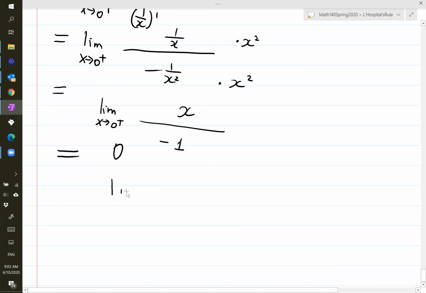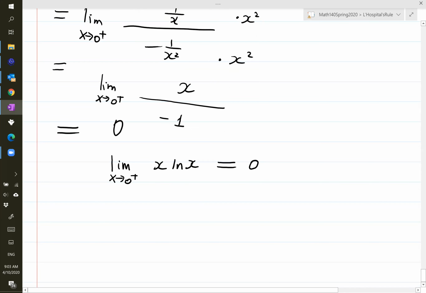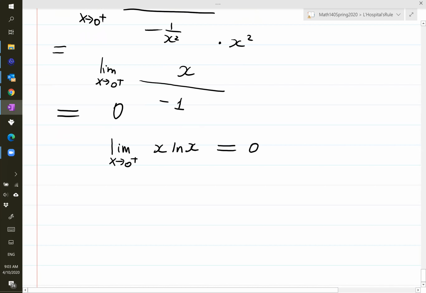So this tells us the limit of x log x is 0. Now if you write it in this form, we can bring the x in as an exponent, so this is log of x to the power x.